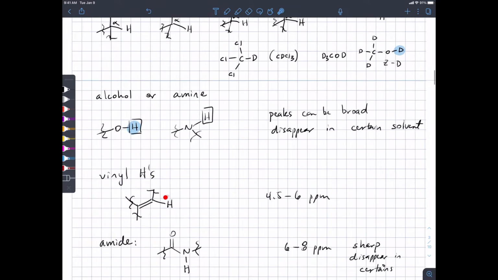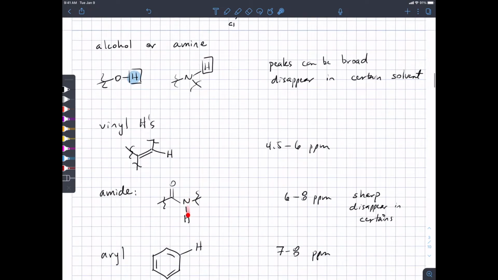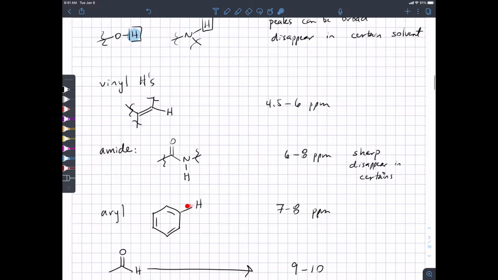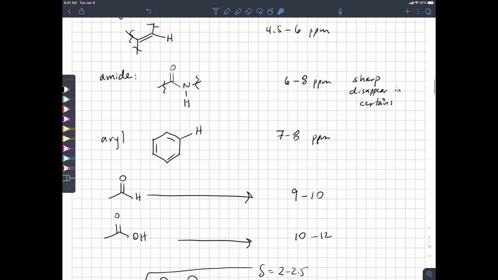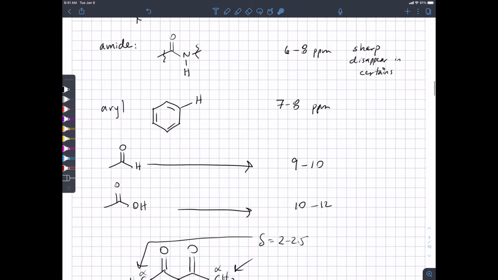Continuing on, protons attached to sp2 carbons tend to be in the 4 to 6 ppm region. Amide protons tend to be in the 6 to 8 region. Protons adjacent to benzene rings tend to be 7 to 8. Protons on aldehydes, 9 to 10. And carboxylic acids are usually the most de-shielded of the protons that we look at.